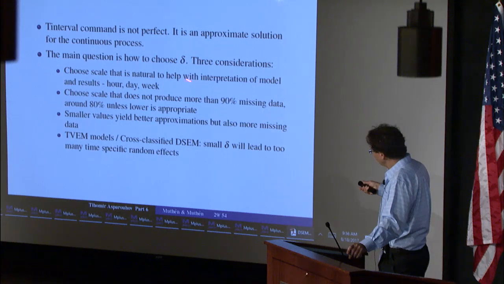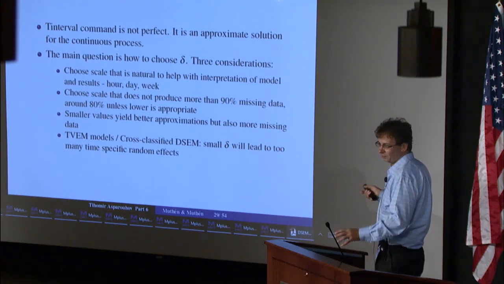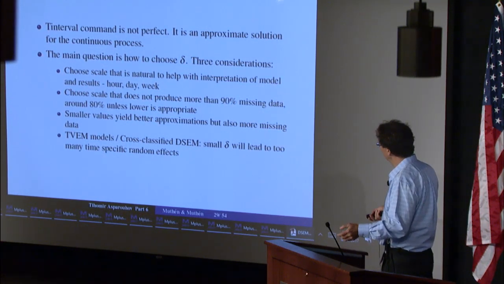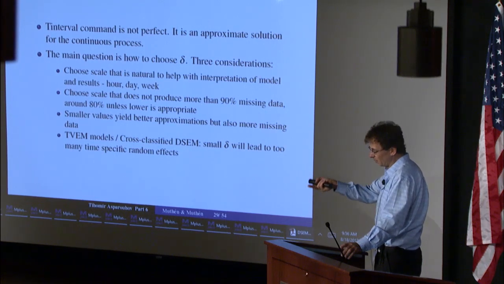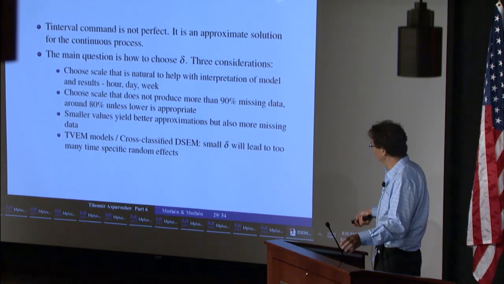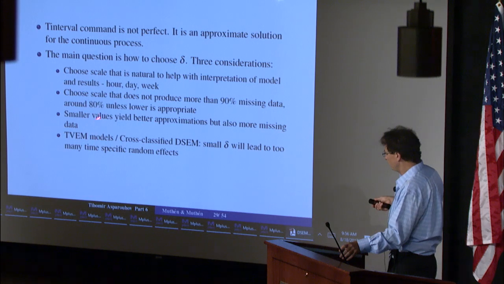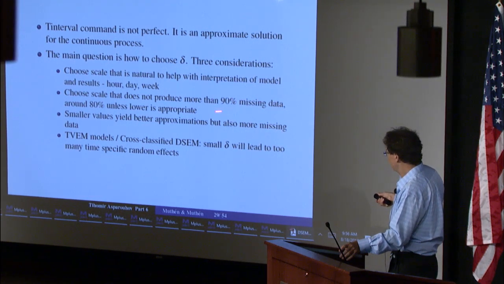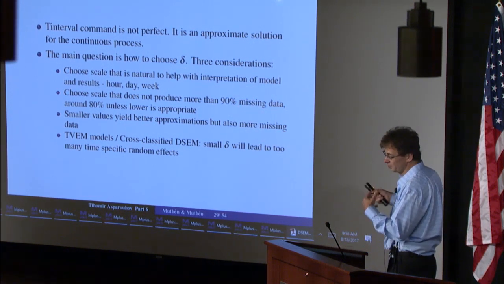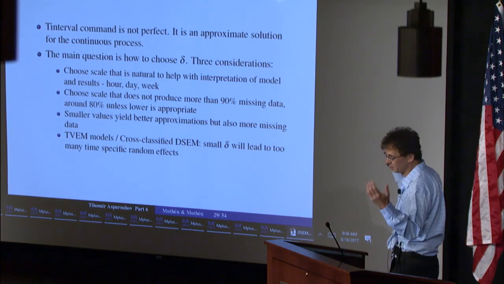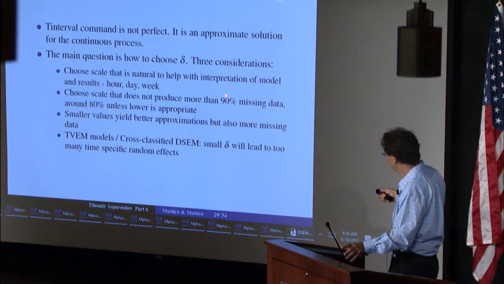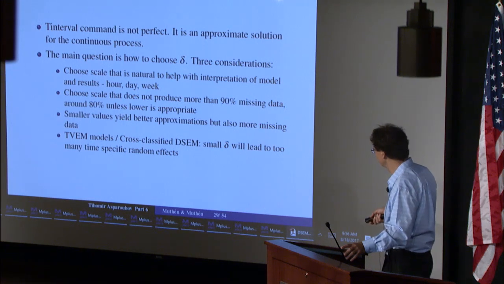So point one is choose an interval that's actually easy for you to interpret. In Ben's example, he chose an hour, and that worked fairly well. As you choose the interval, make sure that you produce a reasonable amount of missing data, because otherwise it's not going to go anywhere. So try not to go above 90%.